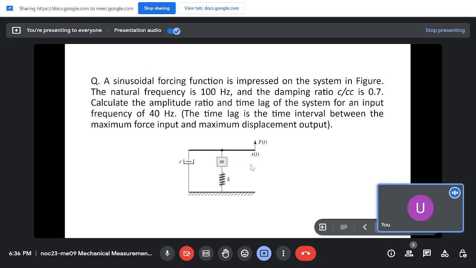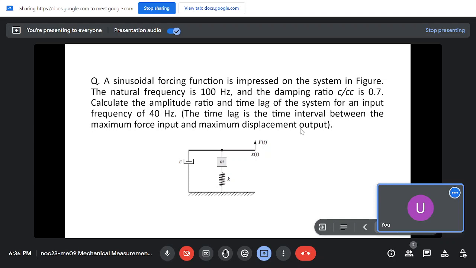So that is the system provided, and you are imposing a sinusoidal forcing function. The forcing function varies as a sine, so F is F max into sine omega t.